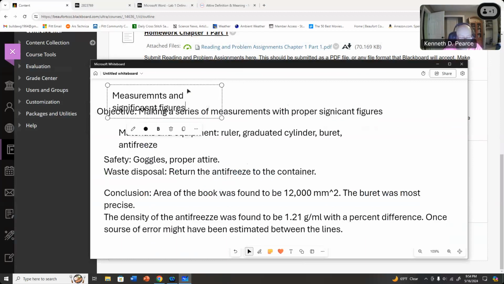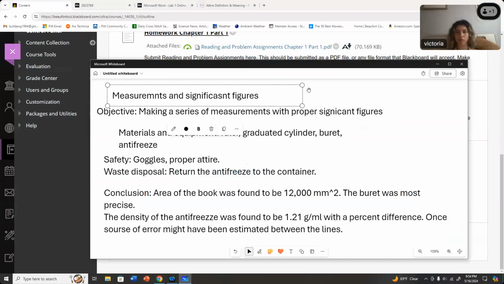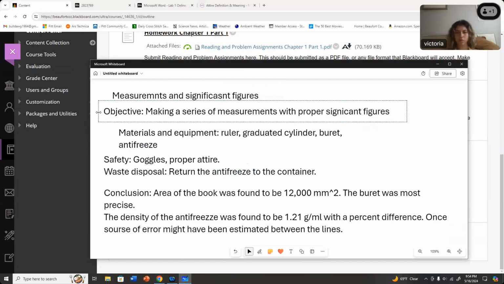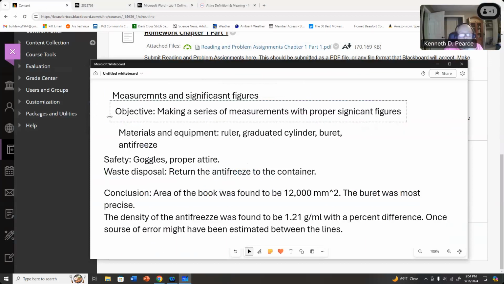Okay, so it doesn't have to be as long as the ones in the example problems. The example problems are really well written, but as you probably noticed, they are a little wordy, and they don't have to be that wordy. I prefer short and sweet. If you need to add more stuff to add clarity, that's okay.